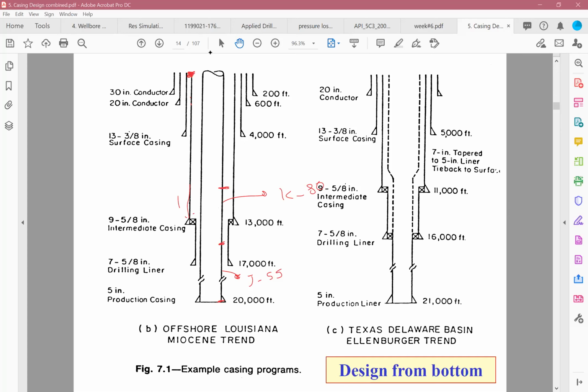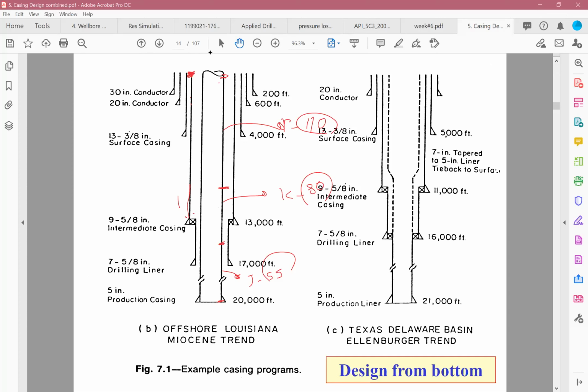And then from here to the surface, you might use another casing, let's say P110 casing. You see that I am increasing the strength of my casing, because as you go up, you will see later on that your casing should have a higher strength, because more tension forces are applied to those casings. It also depends, but usually that's the way it is.